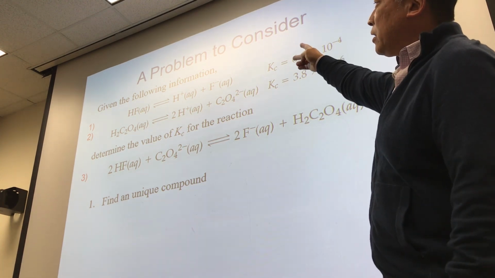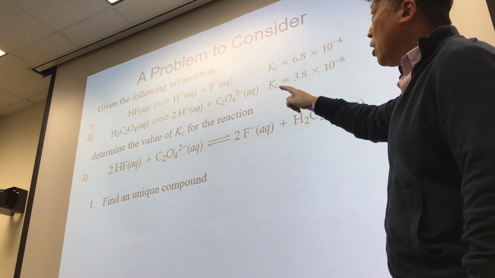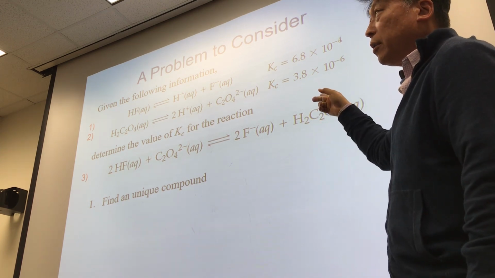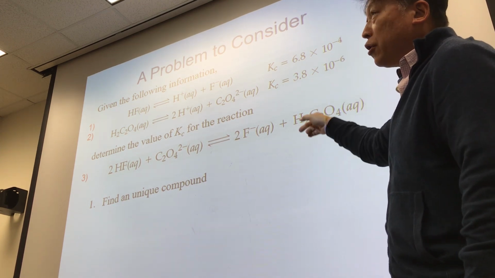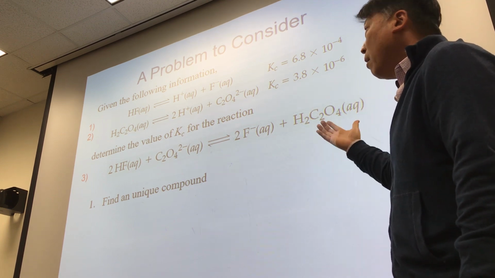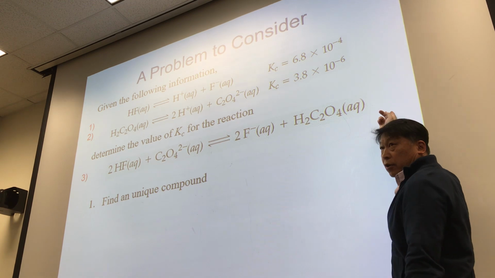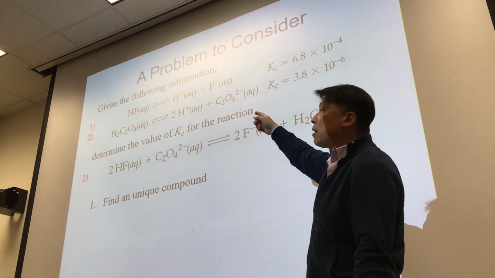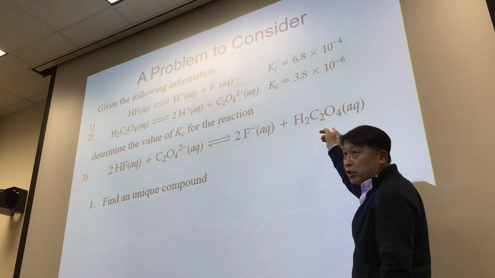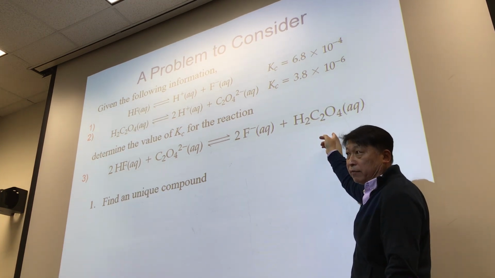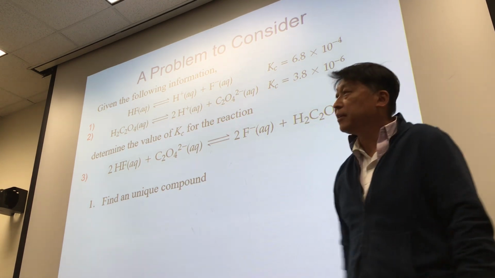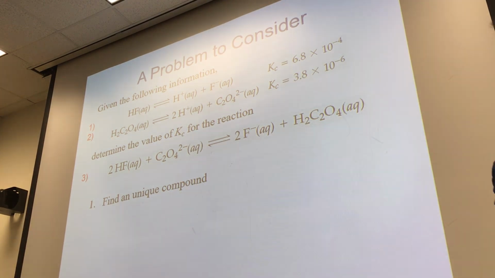So these number 1 and 2 are equilibrium equations. The third equation is the equilibrium equation that I want to solve the value for. So I'm going to combine 1 and 2 to calculate equation 3. That's what I'm trying to achieve. Do you understand? Who does not understand, raise your hand. Okay, just go over one more time.